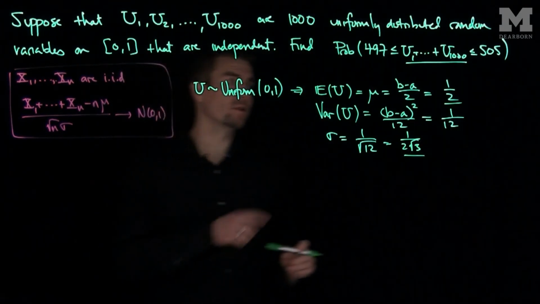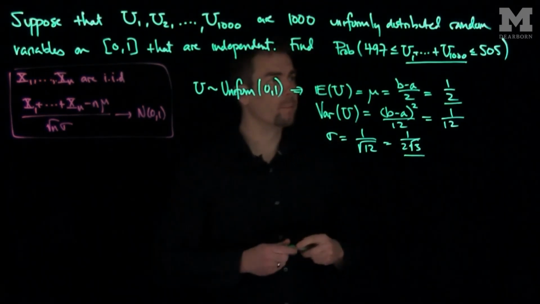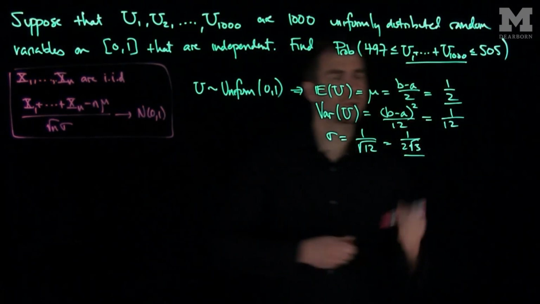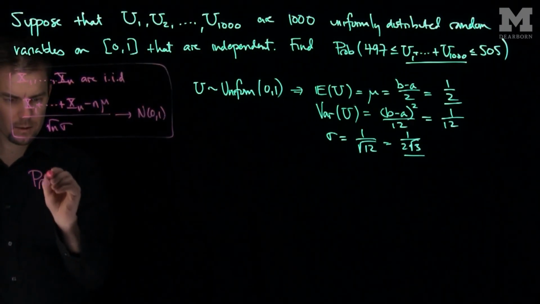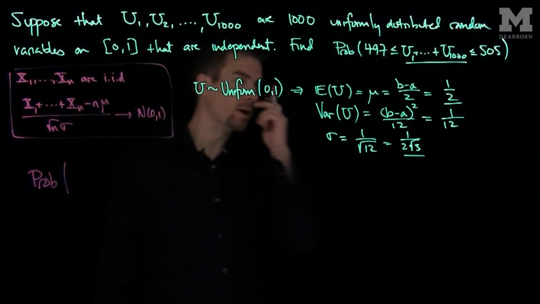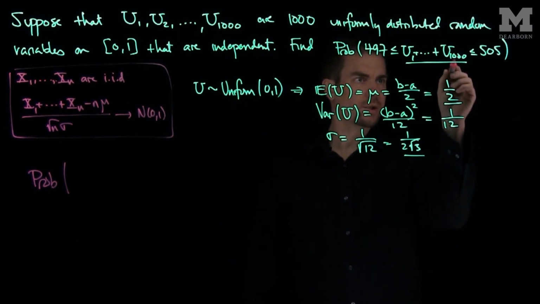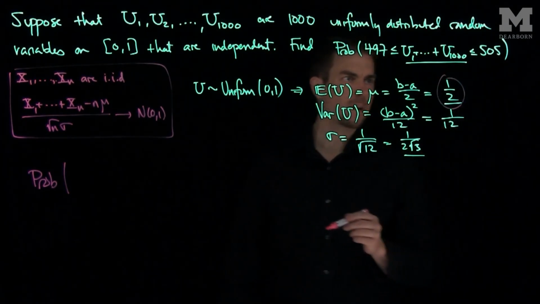So now we can subtract off n copies of the mean and root n times the standard deviation in our problem. Our probability can be adjusted because I'll subtract off 1,000 times the mean. So 1,000 times 1/2 is 500.